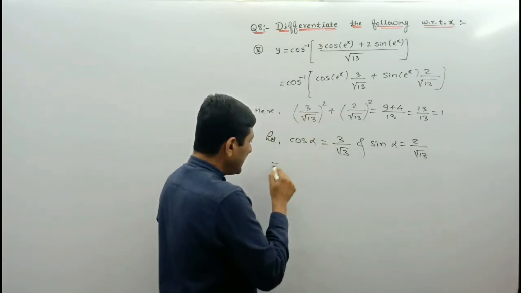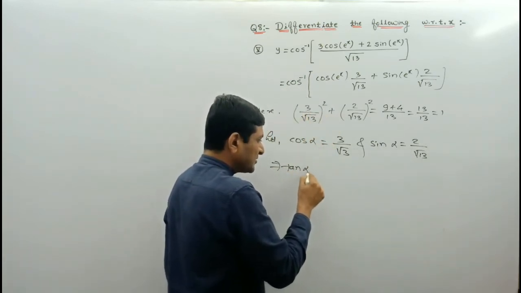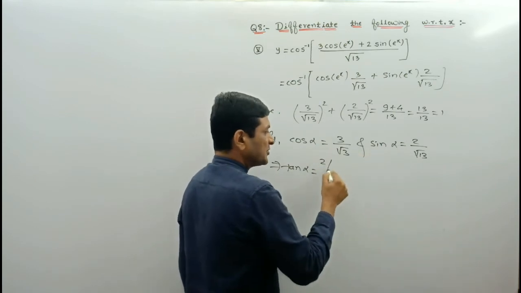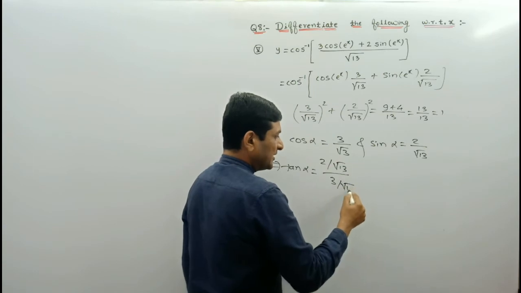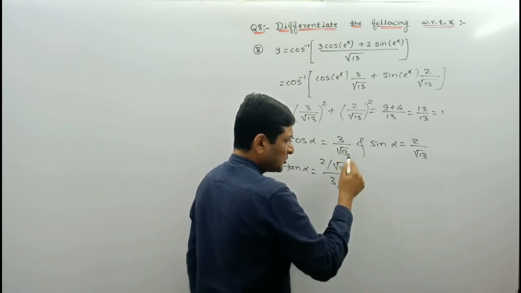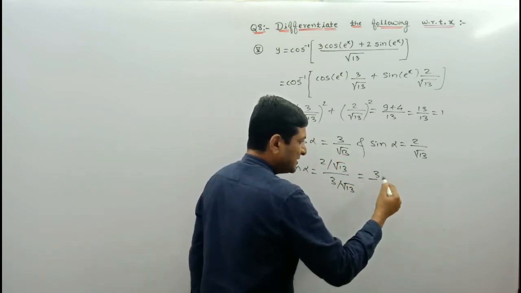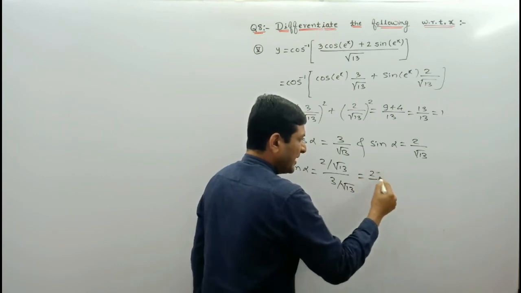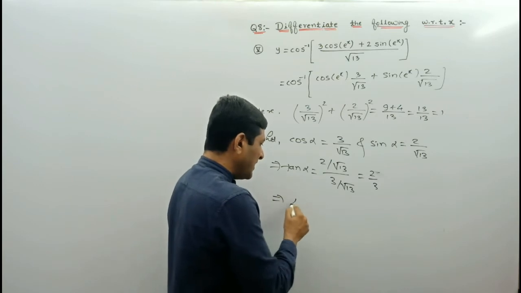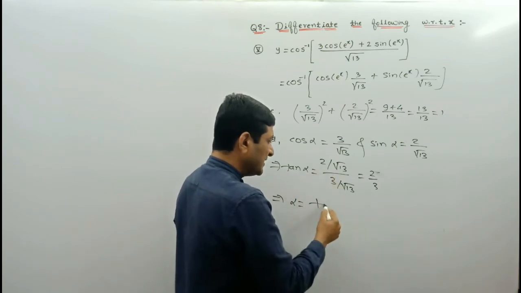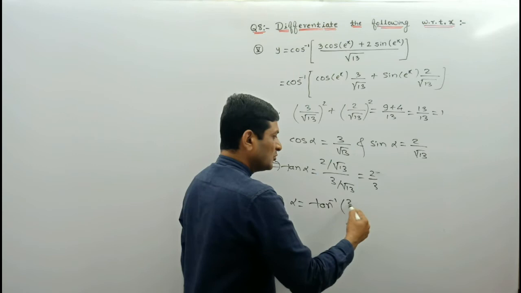So this implies that tan alpha will be equal to, tan means sin upon cos, means 2 upon root 13 divided by 3 upon root 13. Isn't it? So root 13 will get cancelled. Here we will get 2 by 3. 2 by 3 will be the value of what? Tan alpha, which implies that alpha will be equal to, take tan on this side, so it will become tan inverse of 2 by 3.